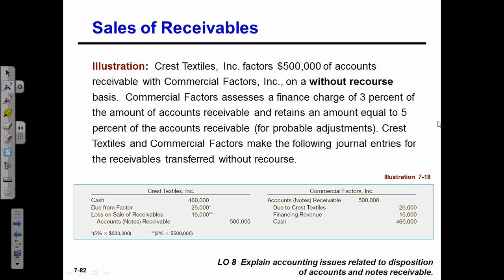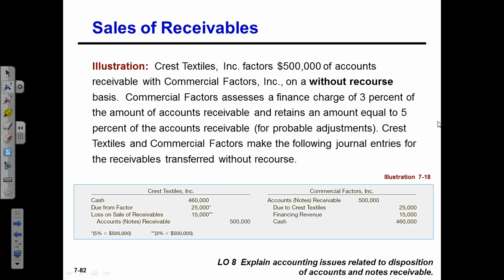If they collect the $460 they gave me plus this 25, in other words, if they collect everything but 15, that's 485, they have to send me the 25. Does that make sense? They never have to send me the 15.